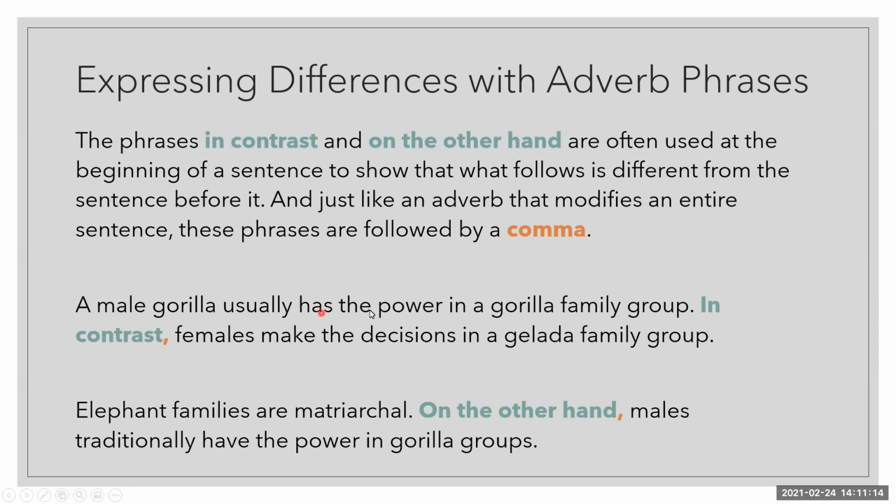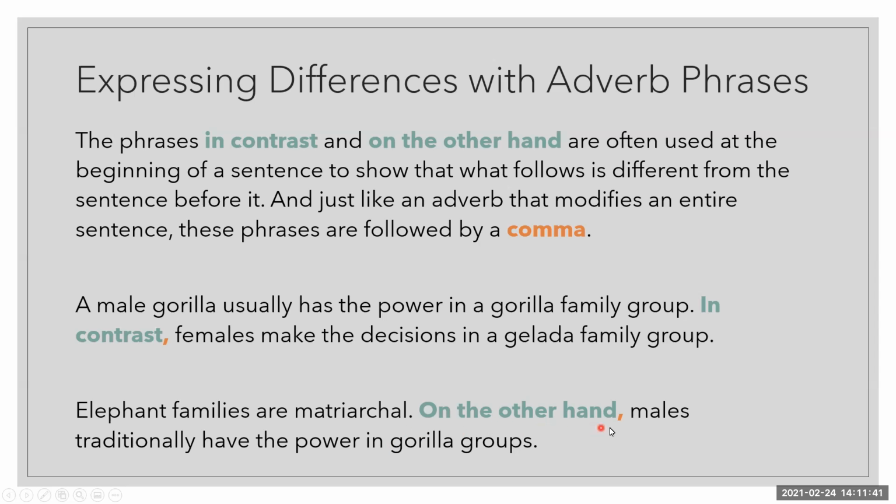And we're saying here that males have the power in a gorilla family group. And that's in contrast or different from the idea that females basically have the power or make decisions in a gelada family group. So hopefully you can see the ways that this phrase is being used similarly to how similarly or likewise would be. And same with on the other hand.